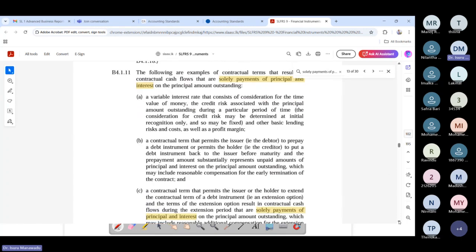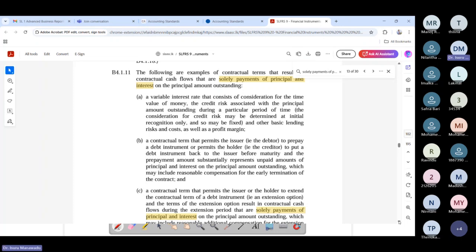Following are some examples of contractual terms that result in contractual cash flows that are solely payments of principal and interest on principal amount outstanding. Variable interest rate that consists of consideration for the time value of money, the credit risk associated with the principal amount outstanding during a particular period of time, and other basic lending risks and costs, as well as a profit margin.